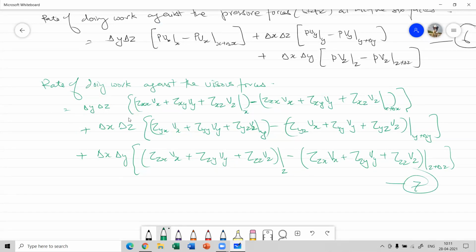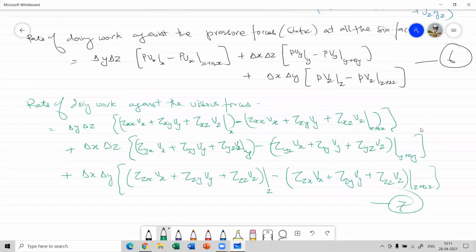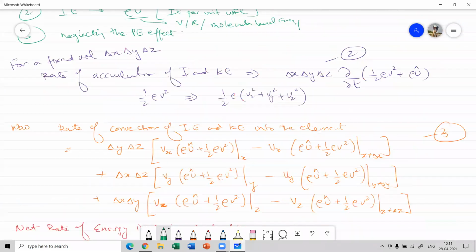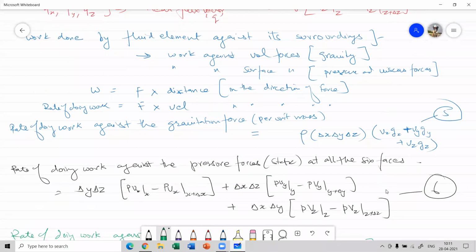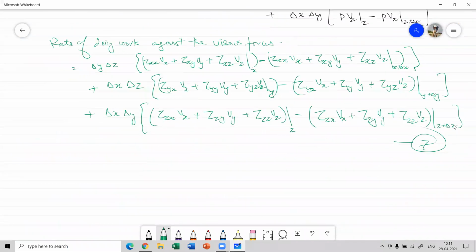So now what we do is, we add all the six equations, all the equations from equation 2, 3, 4, 5, 6, and 7 in equation number 1.